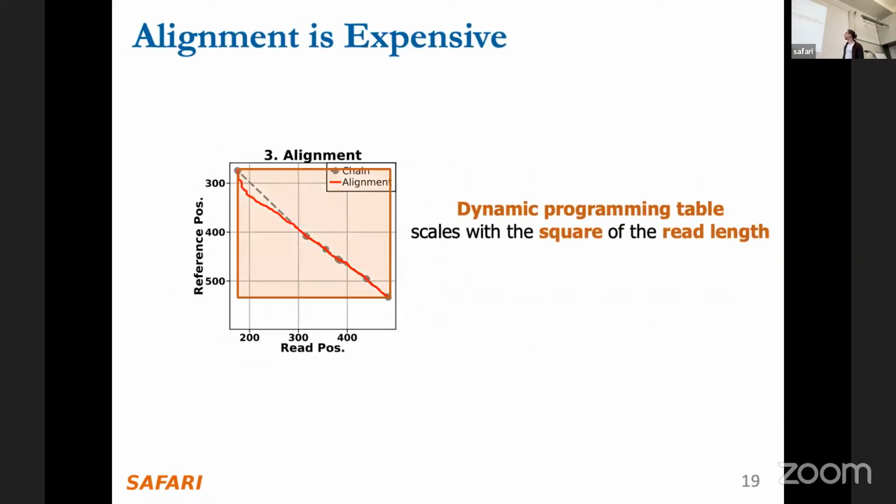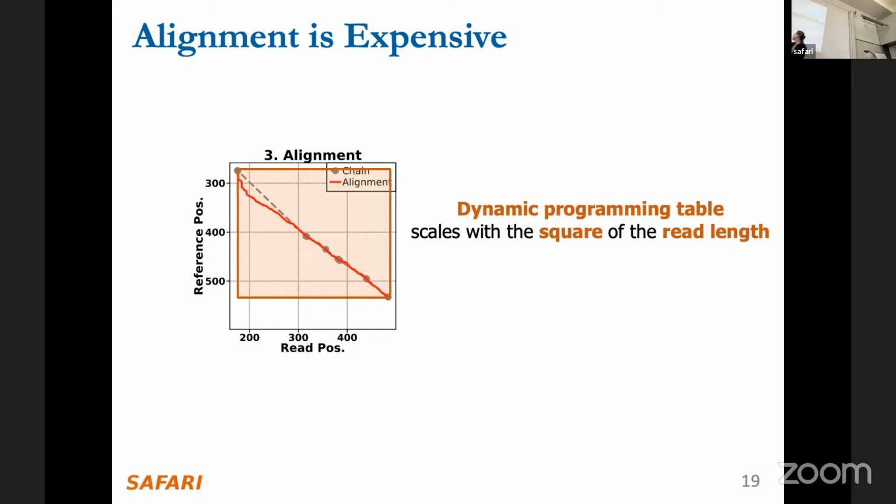So the reason here is that these dynamic programming tables, if you do it naively, grow with the square of the sequence length, roughly. Right? So you have essentially a table, the dynamic programming table that I showed. It essentially has an entry at every y coordinate and it has an entry at every x coordinate.